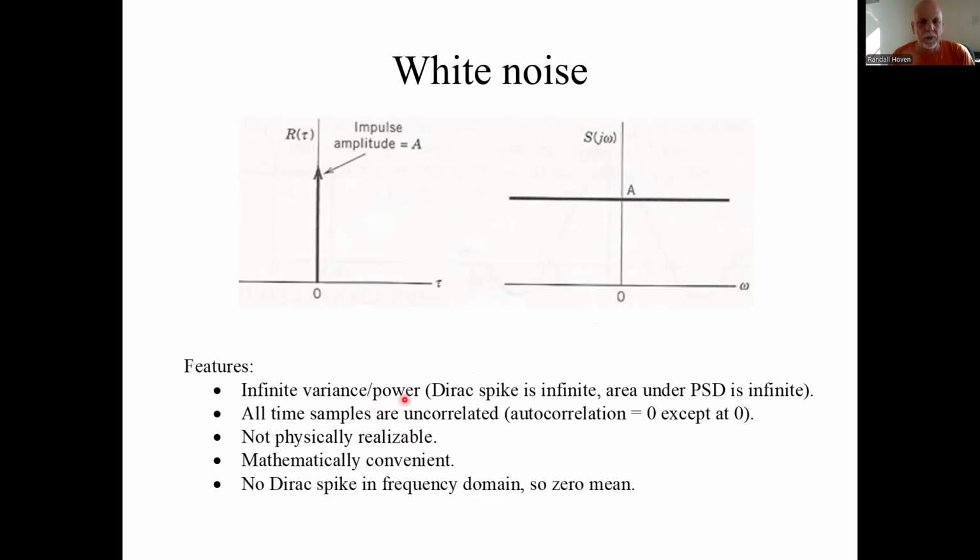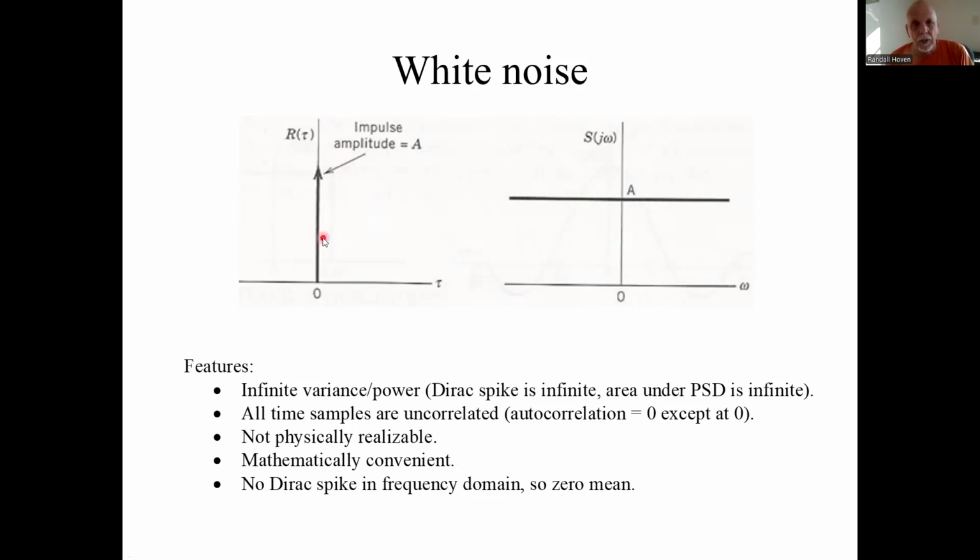There's infinite variance or power because of this impulse. It's mathematically convenient, even though it's physically unrealizable. That's why it's used a lot.